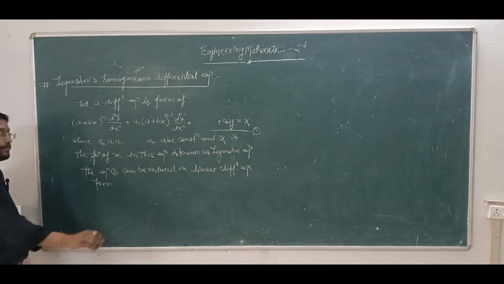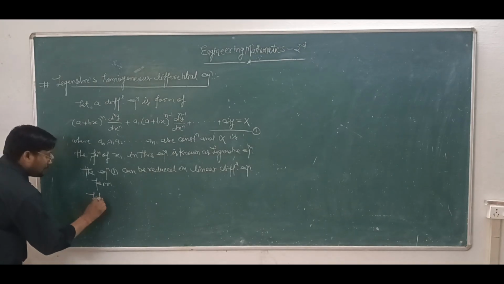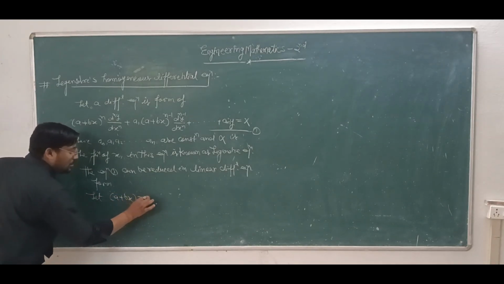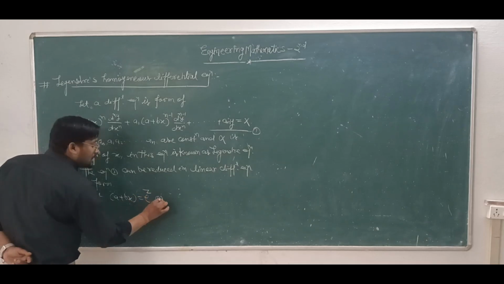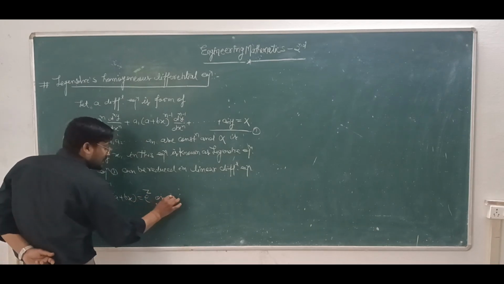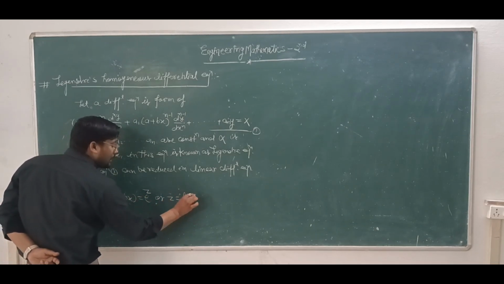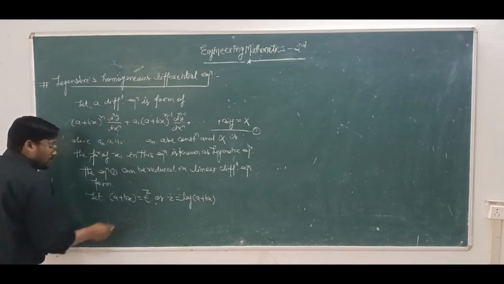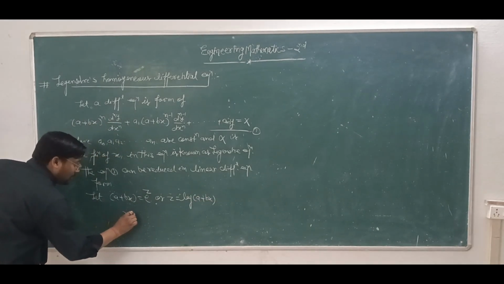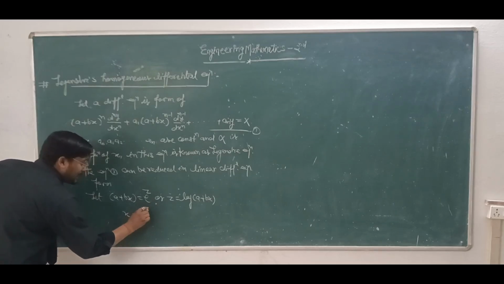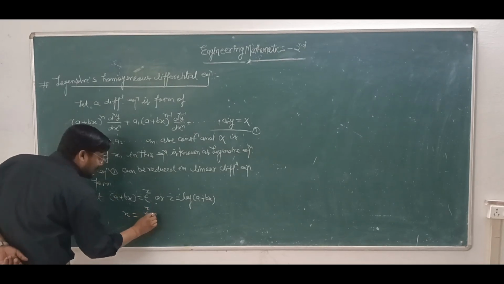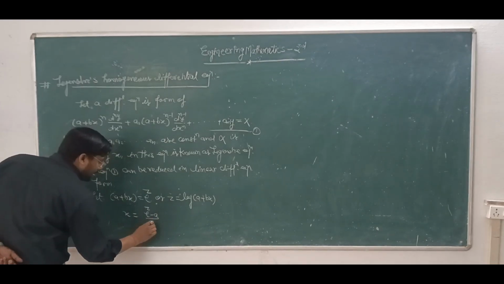First, let a plus bx is equal to e to the power z, or you can simply write z is equal to log of (a plus bx), or x is equal to (e to the power z minus a) upon b.